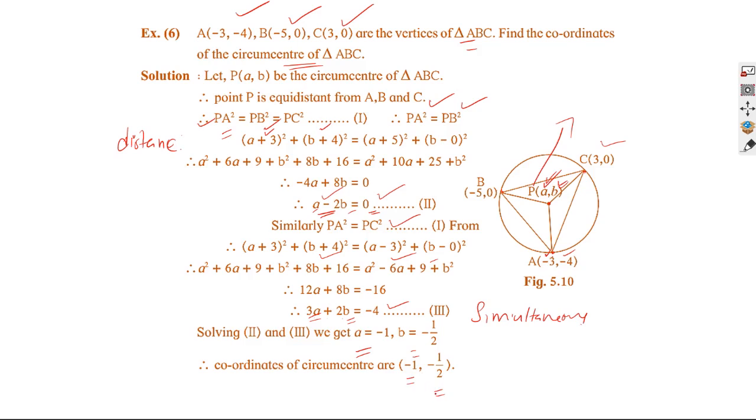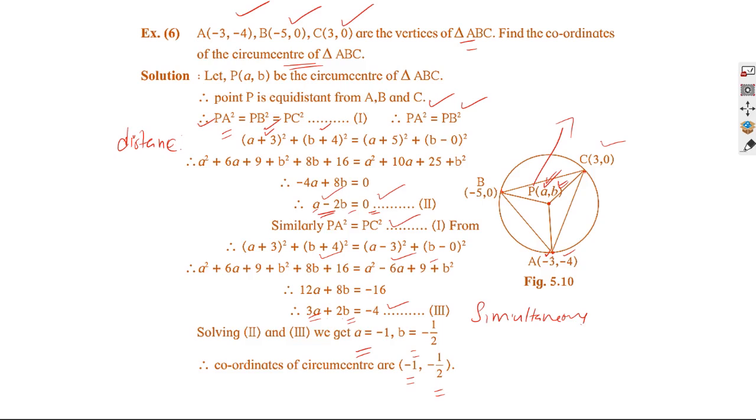What are the things you know? Circumcenter is equidistant from the vertices. The distance formula can be used for calculating the distance if you know the coordinates of the respective points. These two things you applied here and you succeeded. Understood? So my dear students, this is a way of solving the situation using the distance formula.